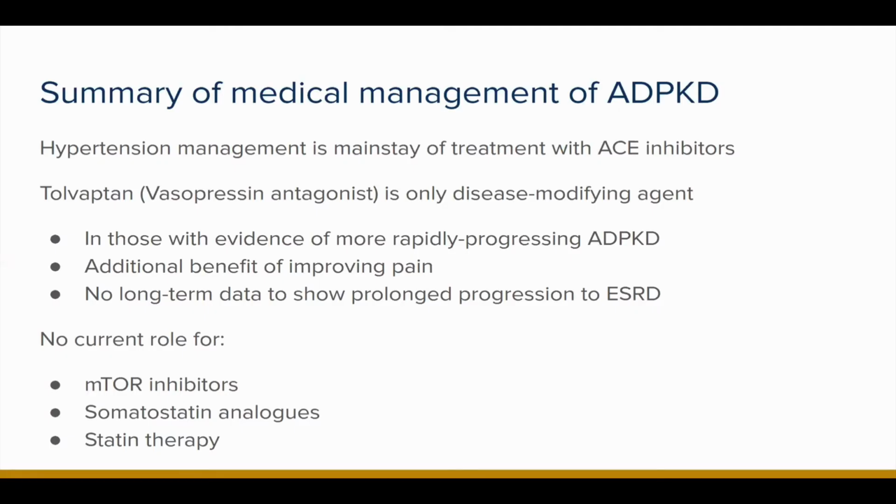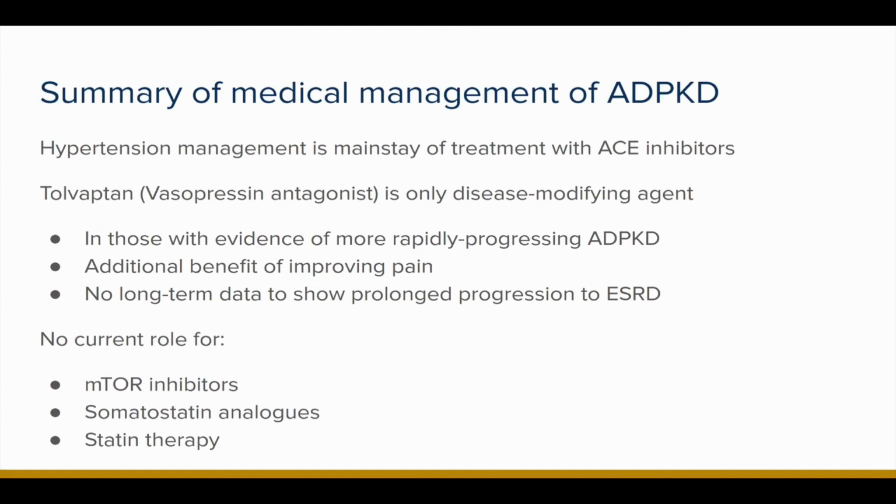So in summary, of the medical management for PKD, hypertension control is the backbone of treatment, with ACE inhibitors, and a single agent is sufficient. Tolvaptan, the vasopressin antagonist, is the only disease-modifying agent on the market and is currently approved in the US and Canada, particularly for those who have evidence of more rapidly progressing ADPKD.